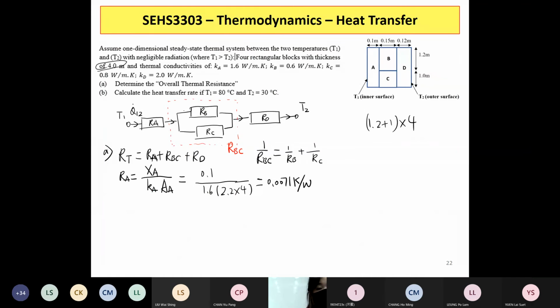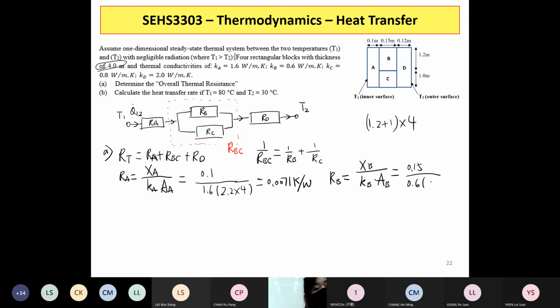Okay. RA. RB equals XB divided by KB, the conductivity of material B, times the area of material B. XB is 0.5 meter, right? KB is 0.6. How to calculate the area for material B?